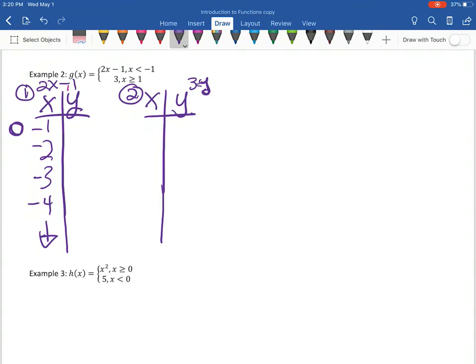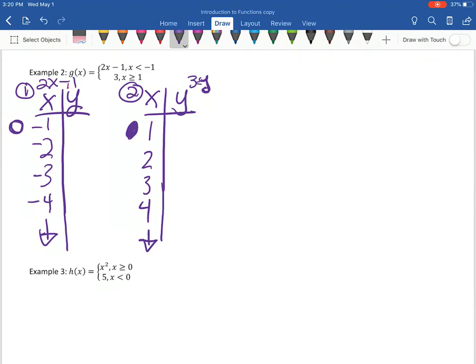And then for the second piece, I want to pick numbers that are greater than or equal to 1. So greater than or equal to 1 means this, when I draw this, it's going to be a filled in circle. And greater than 1 means I'm going to pick 1, 2, 3, and 4. And then at the other end, it's going to be an arrow.